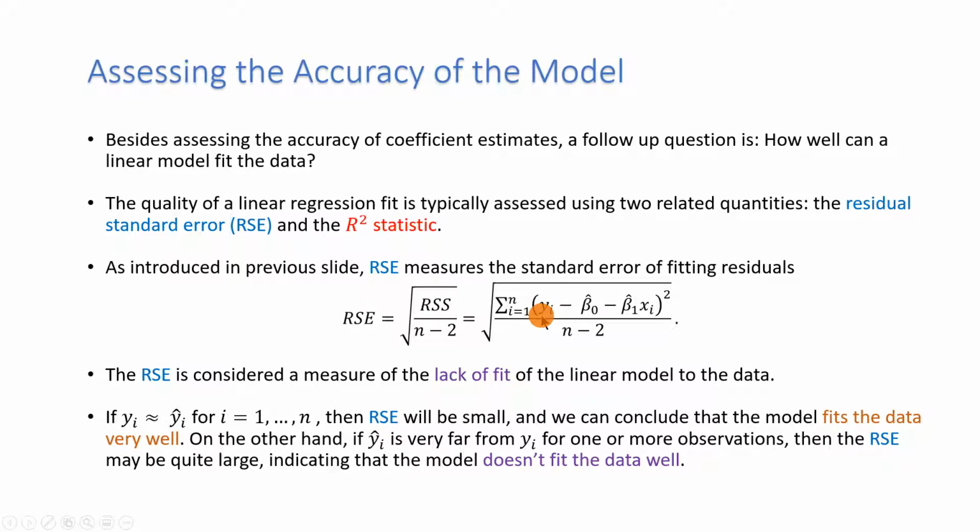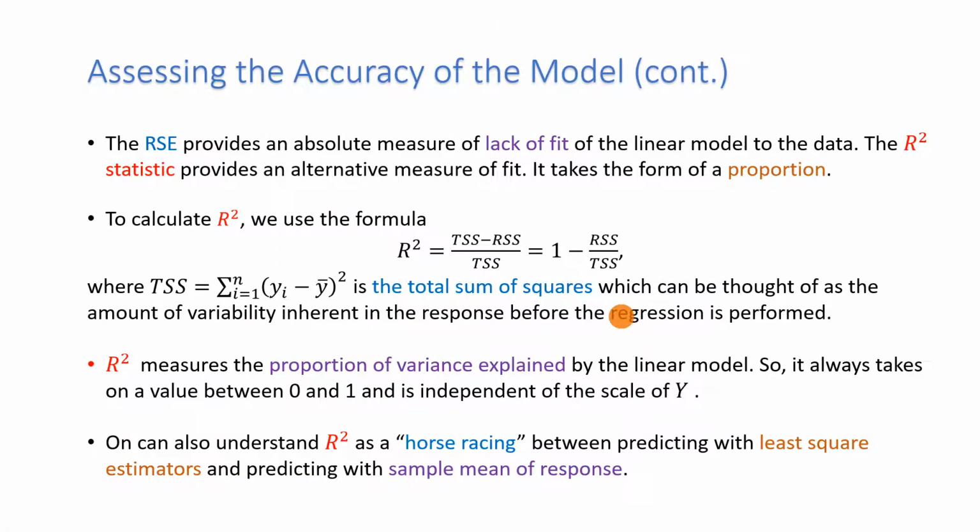If you imagine that you measure the yi in meters instead of centimeters, then the scale of yi is downscaled by 100 times, and even for the same fitted linear model, the residual sum of squares is downscaled by 1 over 10,000, right? So you will have a much smaller residual standard error, even if you are fitting the same linear model.